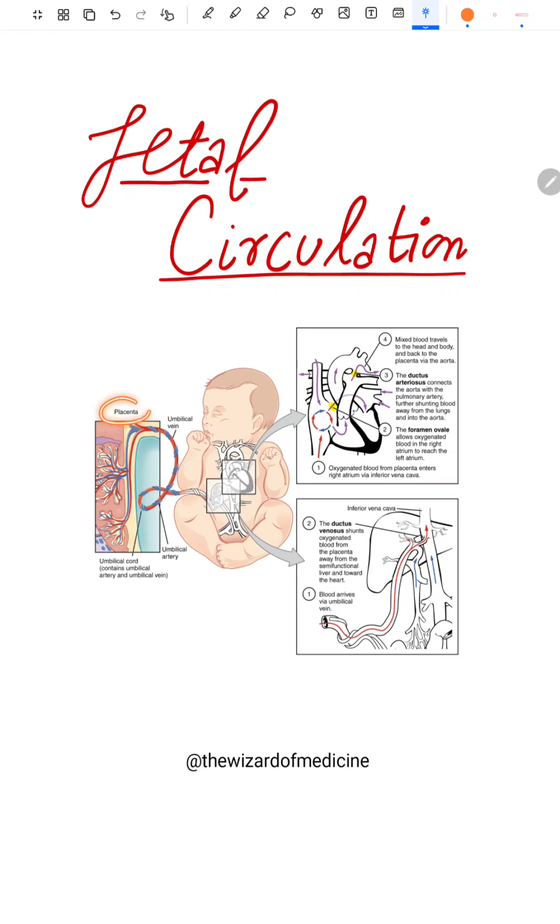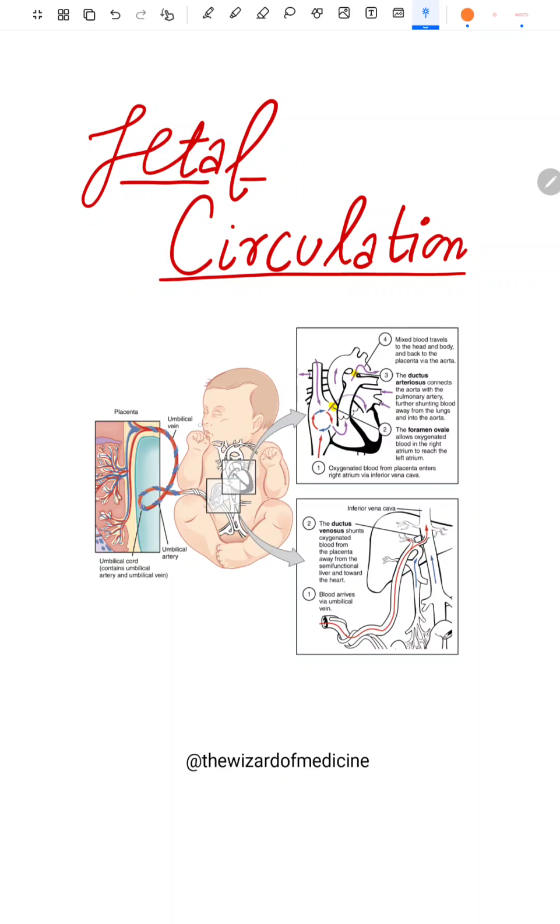So the placenta is required for the exchange of gases and nutrients. These umbilical vessels, that is one umbilical vein and two umbilical arteries, are basically doing this work. The umbilical vein will be carrying the oxygenated blood, while the umbilical arteries will be carrying the deoxygenated blood.